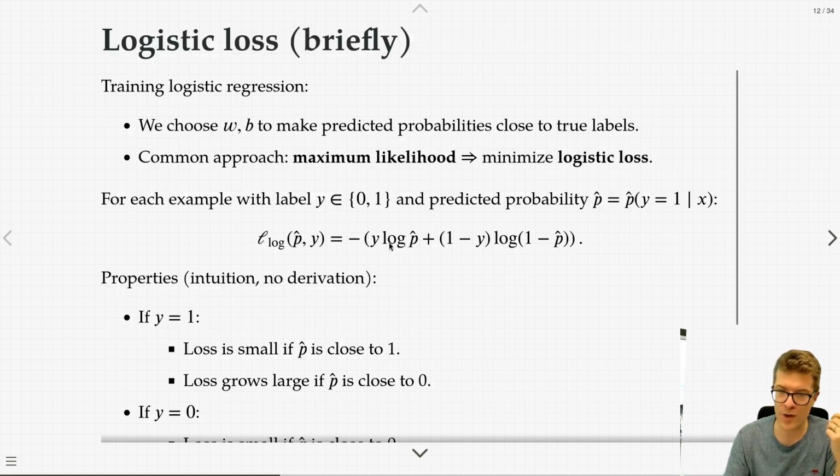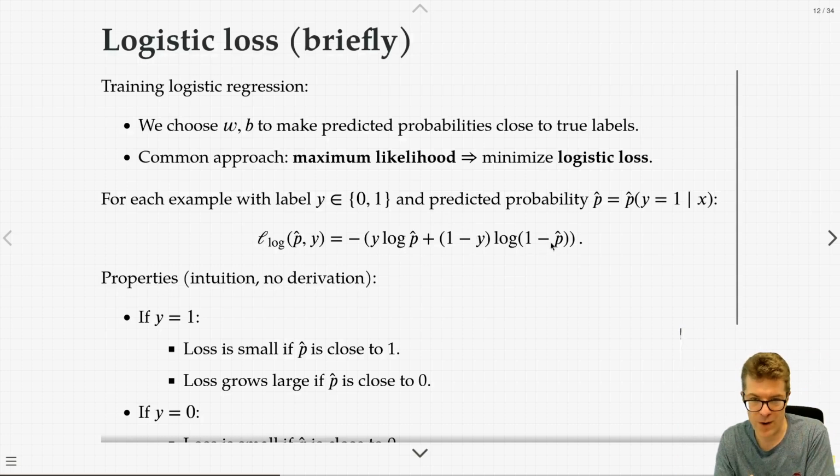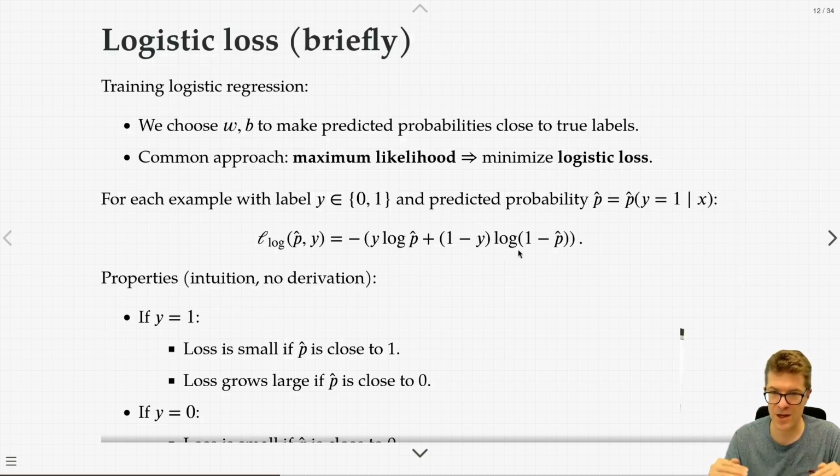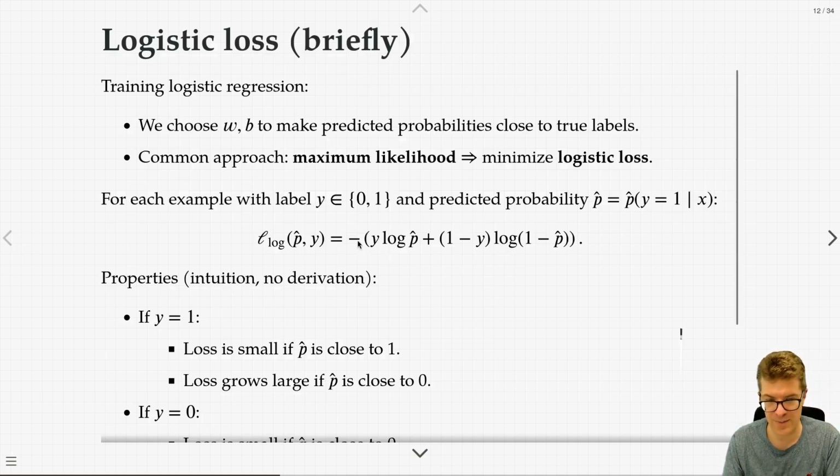So whether you're positive, the y equals 1 case, or you're negative, y equals 0, in both cases, you want the probability essentially of y equals 1 or y equals 0 to be as high as possible. So we're good, but we want to minimize this loss function, so we just take the negative here because we're minimizing things. Okay, so you want the minimum value possible.